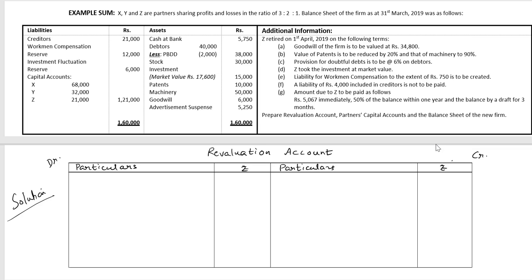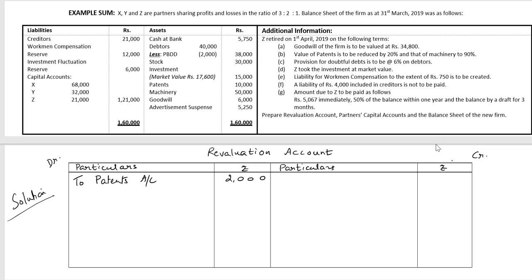Point A. Goodwill of the firm is valued at Rs 34,800. This will not affect the revaluation account. Point B. Value of patents is to be reduced by 20%. The book value is Rs 10,000. So patents account, 20% of 10,000 rupees is Rs 2,000.